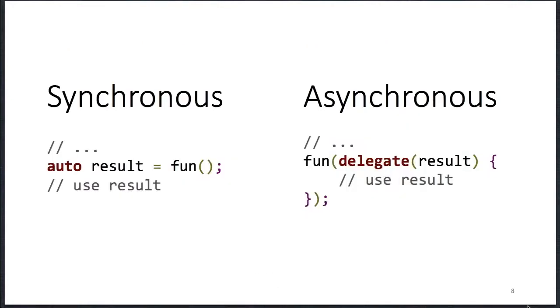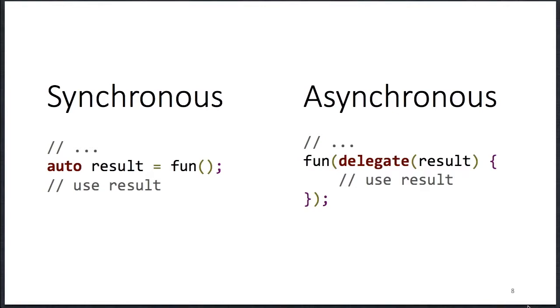So two major programming models have emerged. The first is synchronous. This is something like what you'd use in PHP. You call functions such as query the database or read a file, or connect to a socket, to an address, and you just wait until it's done. And the asynchronous model, which is mostly popularized by Node.js, is that you start something, and you give it a delegate.